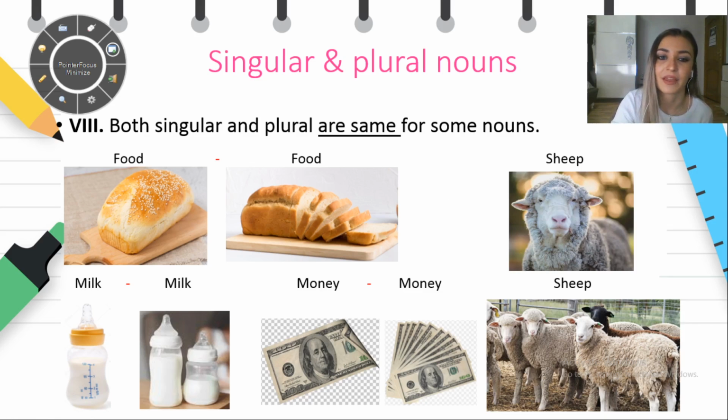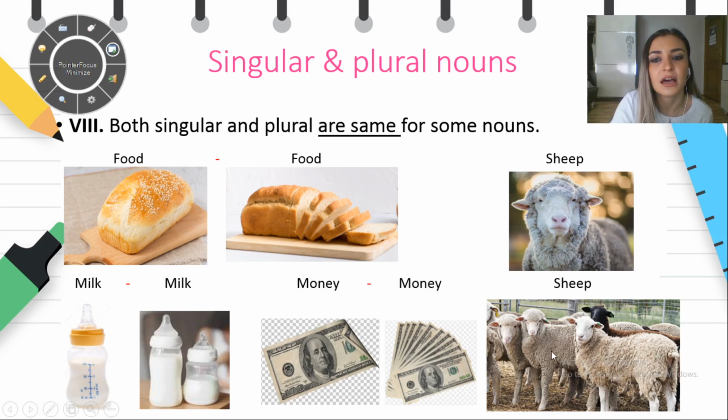Okay, you know that the English language has a lot of exceptions, and exceptions are good to be learned by heart. For example, we have the word food in singular and food for plural, so it's the same. We have the word sheep for singular and sheep for plural.